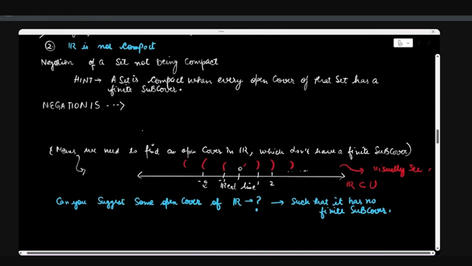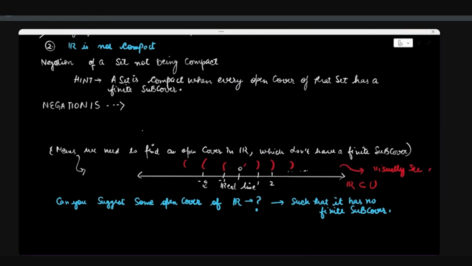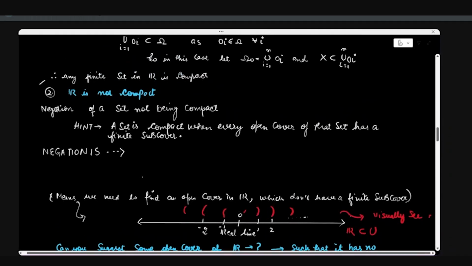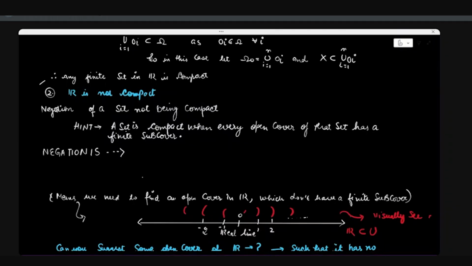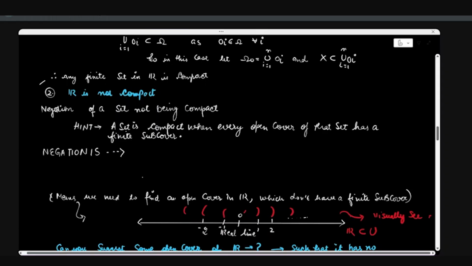The set of real numbers is not a compact set. So what do we mean by saying that something is not compact? The question to the audience: what do we mean by saying a set is not compact? Anyone can raise a hand and answer the negation.